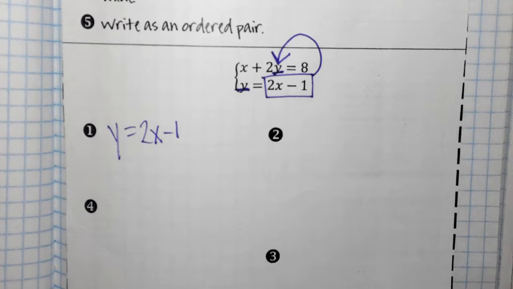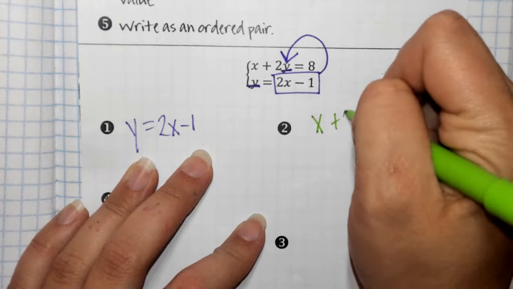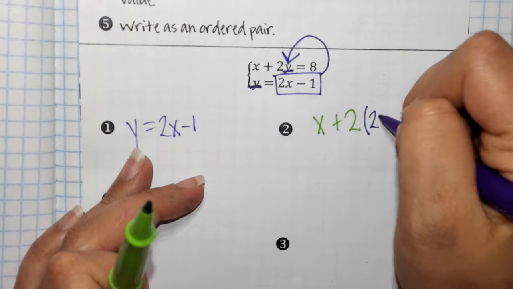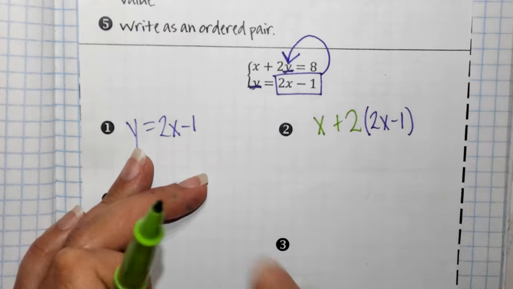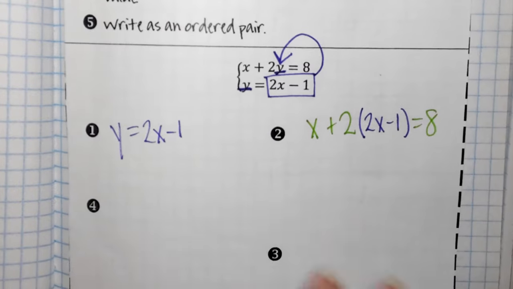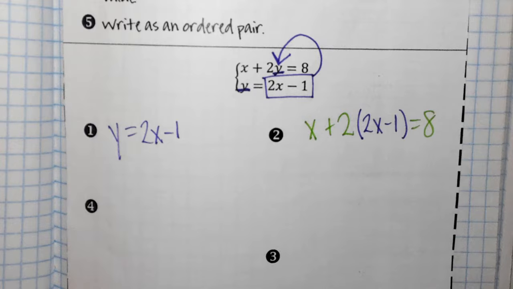So take your other marker, you're going to use both now, and we're going to write x plus 2 times 2x minus 1 equals 8. So what I did was I took what y equaled. I took my Oreo and I plugged it in for y in the top equation.